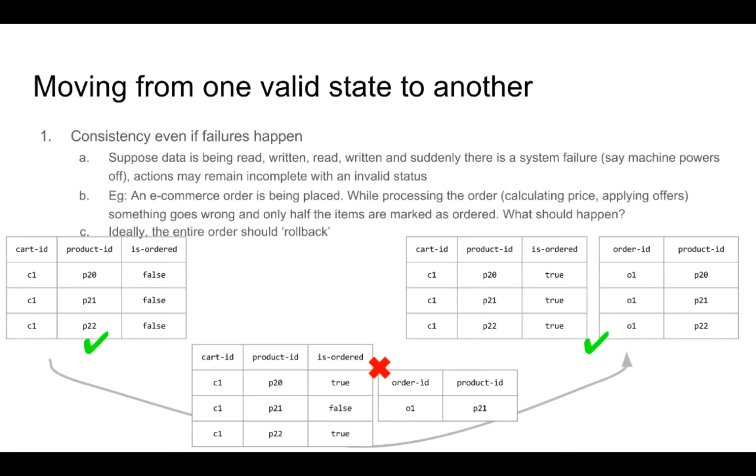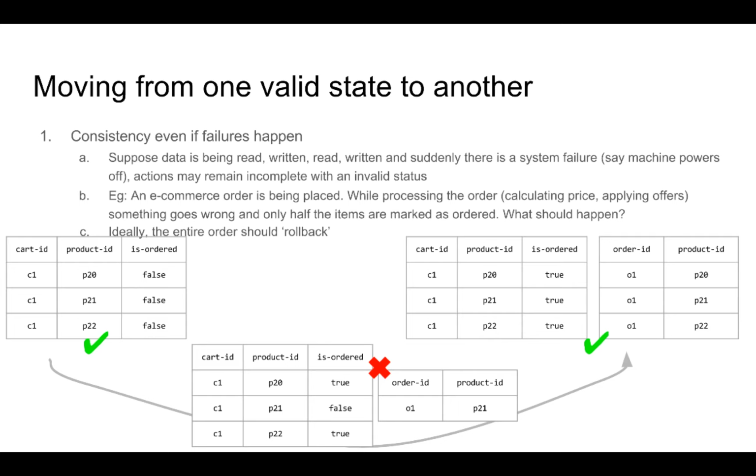So first, let's try to understand how failures can cause invalid states to exist in our database. Suppose we are reading data and writing data to a database, and suddenly there is a system failure, which could be a power failure or a disk failure or a software failure, and this causes our database to be in an invalid state.